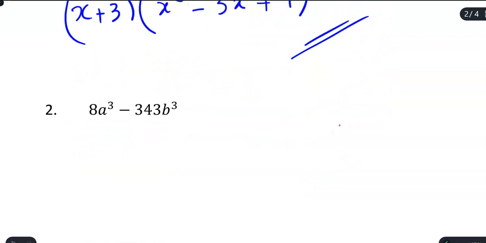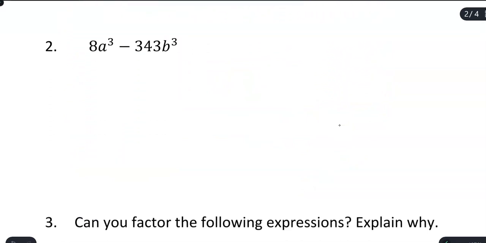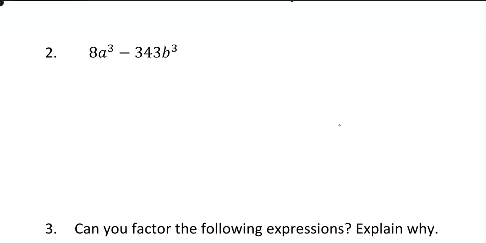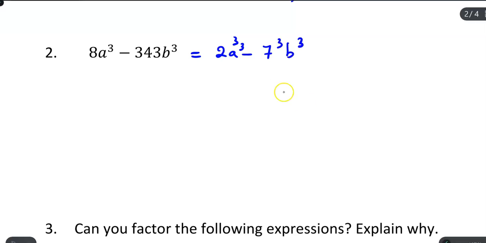How about this expression? For this expression, I will write this as (2a)³ − (7b)³, because I want to raise this to the exponent 3. 343 is a perfect cube, 7³ will give me that number. So we should double check.